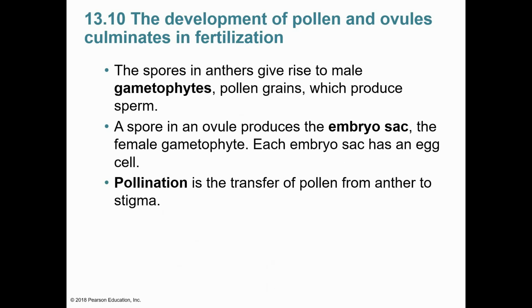The gametes are the egg and the sperm. That transfer of pollen to the stigma is a very important process for the flowering plants, and that is pollination. It's defined as a transfer of pollen from anther to stigma.